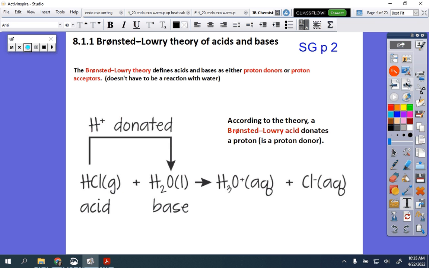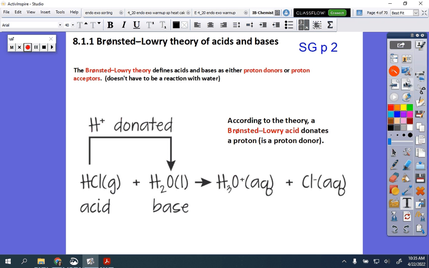So for example, if we put hydrochloric acid, HCl, and mix it with water, the hydrochloric acid is going to act as an acid. The water is going to act as a base. The HCl is going to donate an H+ to the water. So we will end up with our hydronium ion, H3O+, and Cl-. So we'd have chloride ions and hydronium ions.